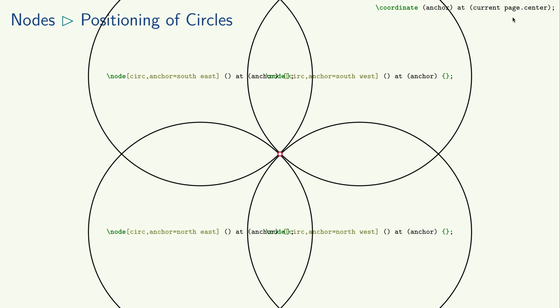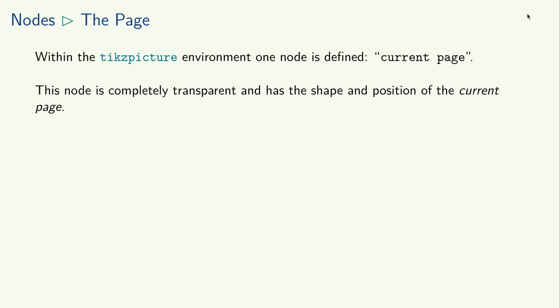Up at the top here, I'm referring to the current page. What that means is that every time we create a TikzPicture environment, it is born with one defined node called current page. That node is completely transparent and has exactly the shape of the current page. So I can use that, and of course it has all the anchor points that we've covered so far. I believe all TikZ nodes have that. But that also means that I can refer to the center of that page, and I can place something relative to that.